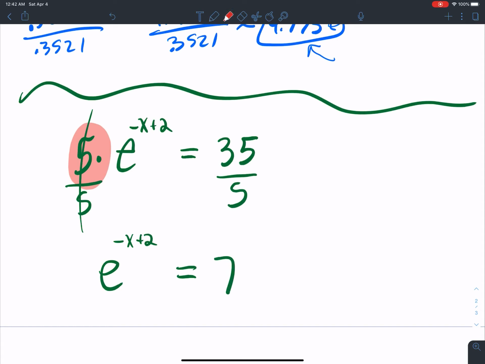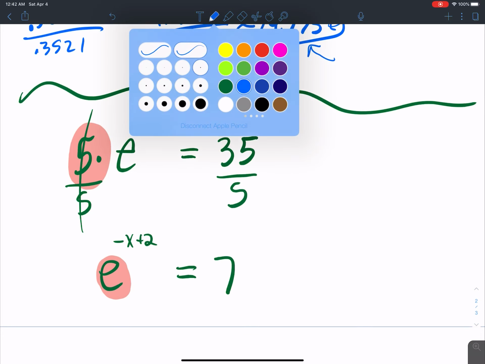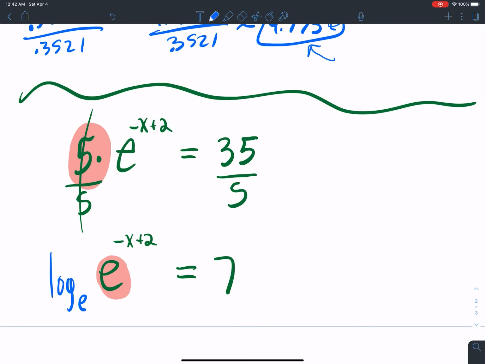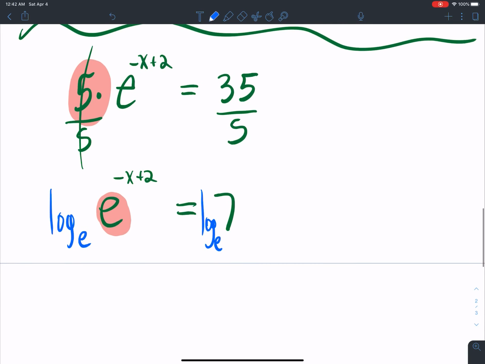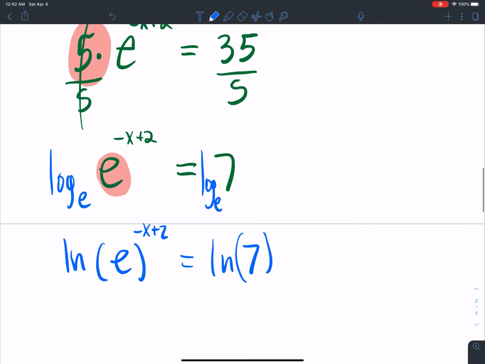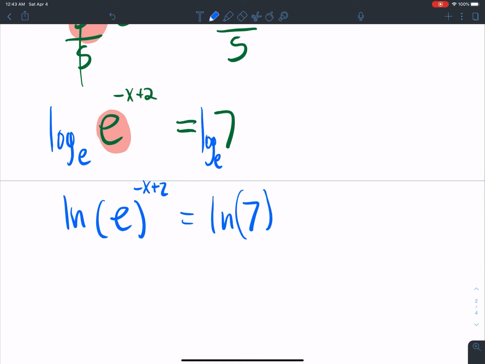How do I get rid of base e? I need to log base e everything. Now, if I log base e, that's the same thing as a natural log, right? I just wanted to write that out in case you might have forgotten. It's been a while, right? A couple minutes.